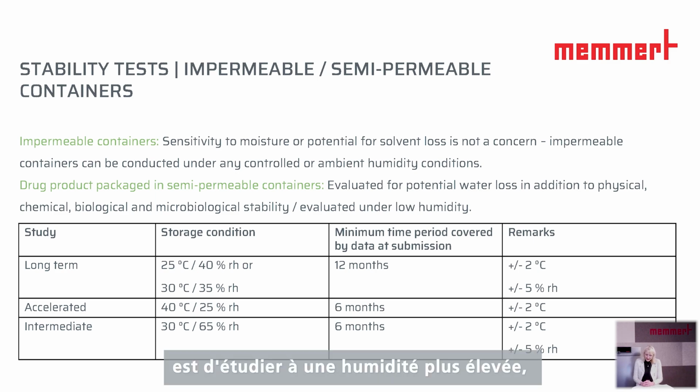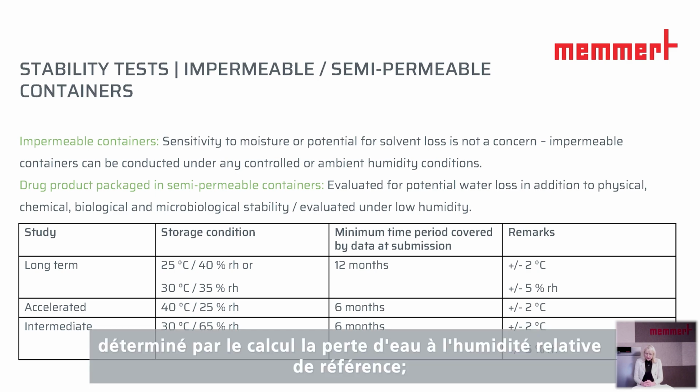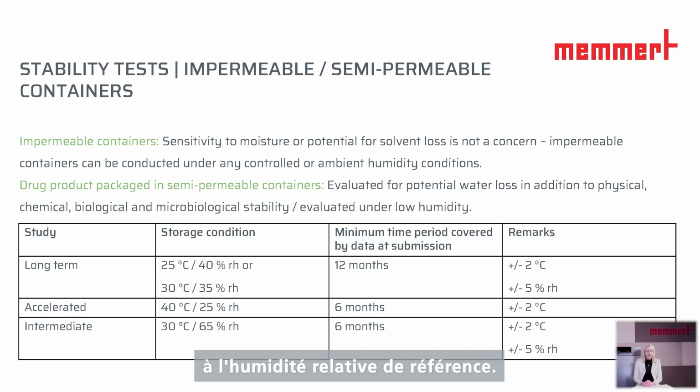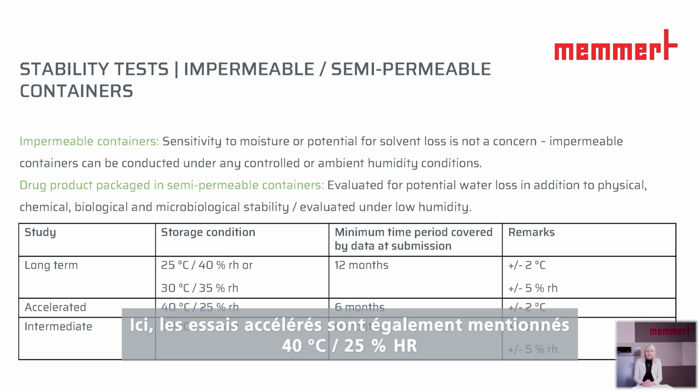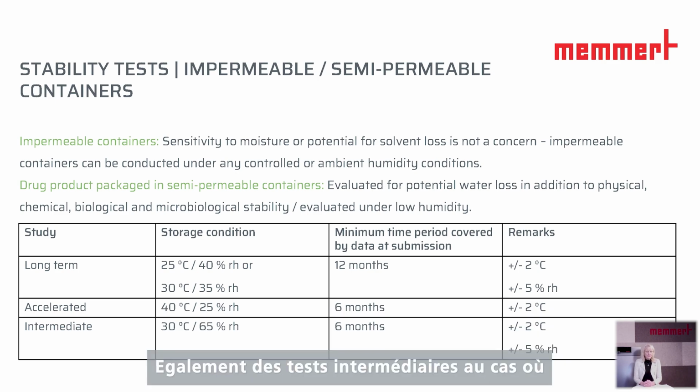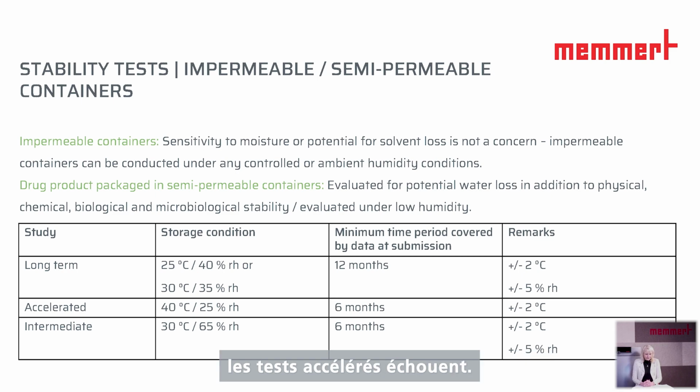Alternatively, starting at higher humidity is possible, that is deriving the water loss at the reference relative humidity through calculation. Here accelerated testing is also mentioned, that is 40 degrees 25%, or also intermediate testing in case accelerated testing fails.